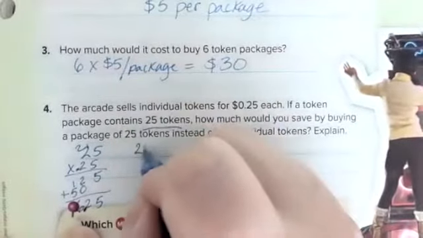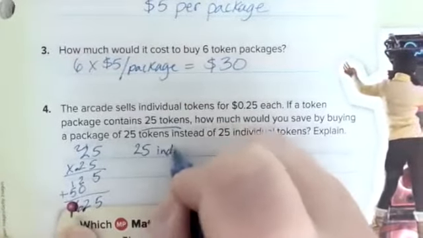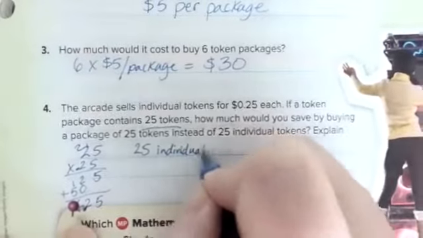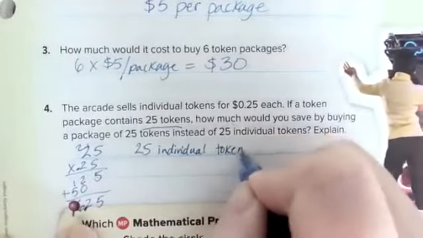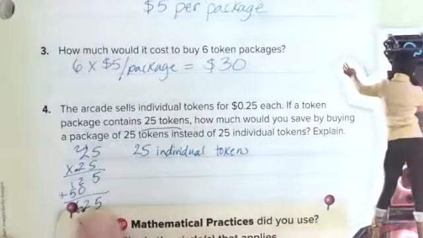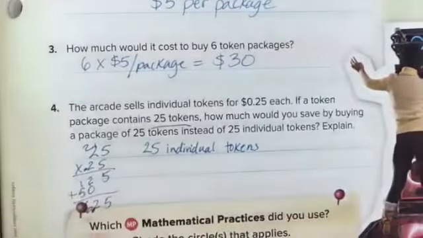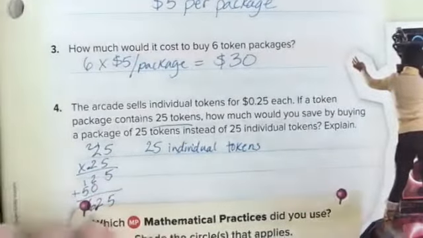So 25 individual tokens would cost $6.25 because 25 times 0.25 was 6.25.